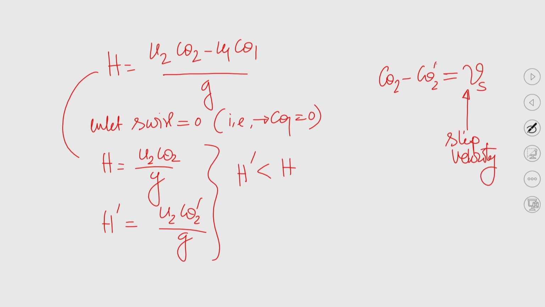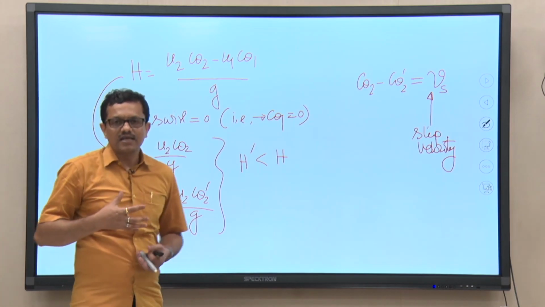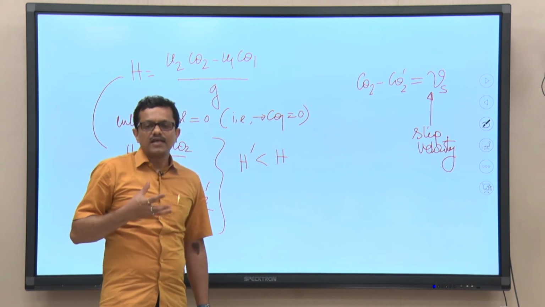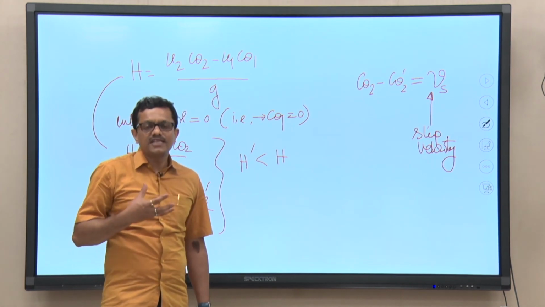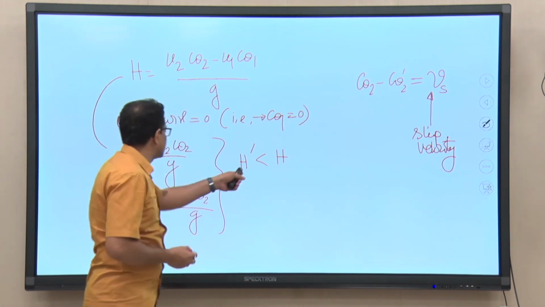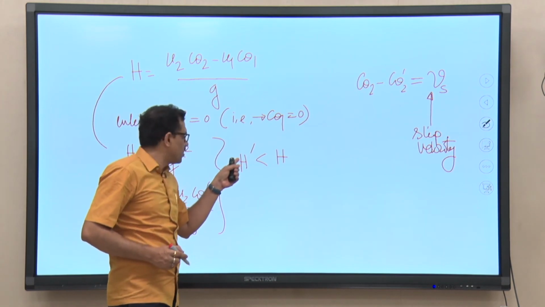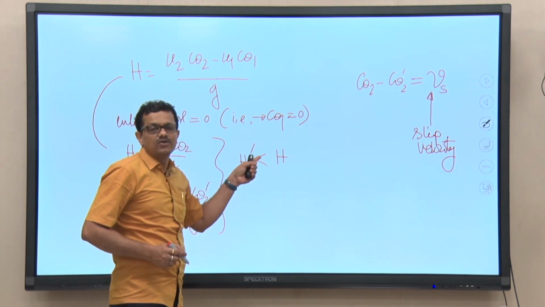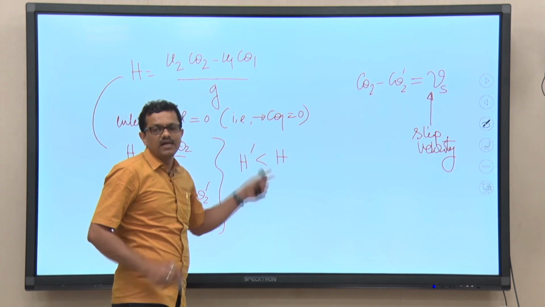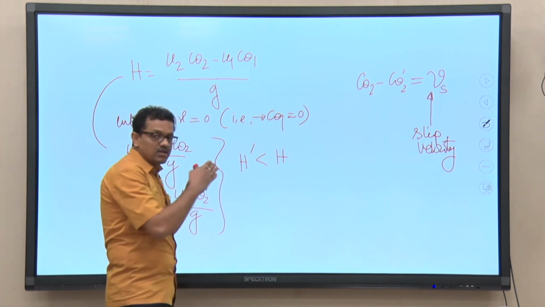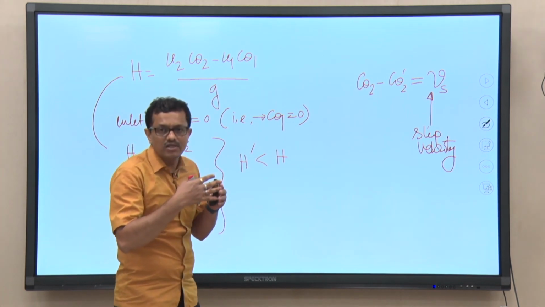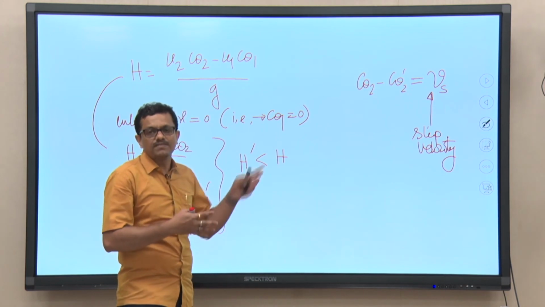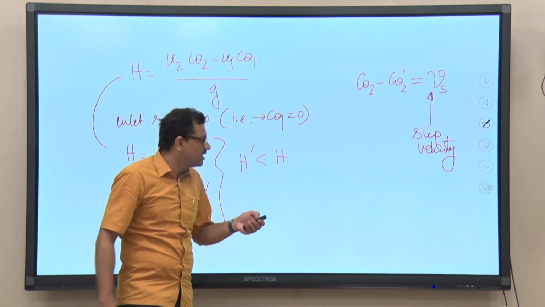Okay. So, we started our discussion that slip is there in the pump, and because of this slip, perhaps the head developed by the pump will not be equal to that predicted by the Euler equation. So, the head predicted by the Euler equation is not achievable because of this slip. Why is slip occurring?